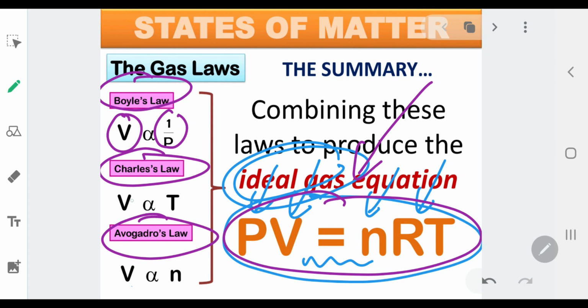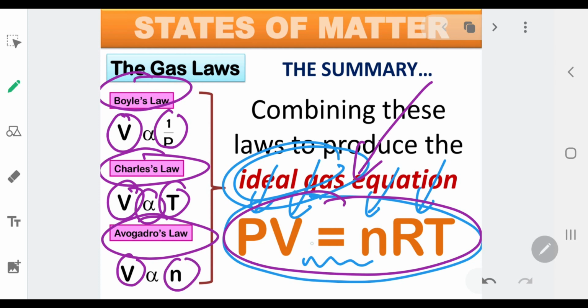For Charles's law, when the volume of ideal gas is increased, the temperature of the ideal gas will also increase, because the relationship is directly proportional. And for Avogadro's law, the volume of ideal gas is also directly proportional to the number of moles of gas.